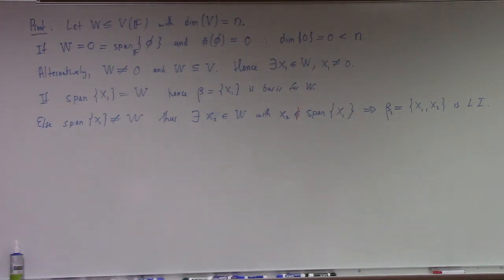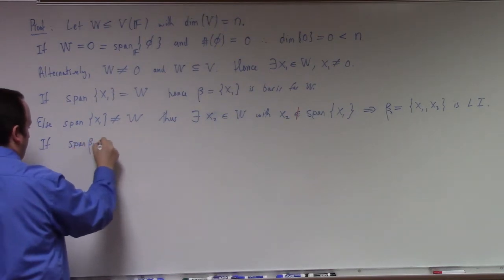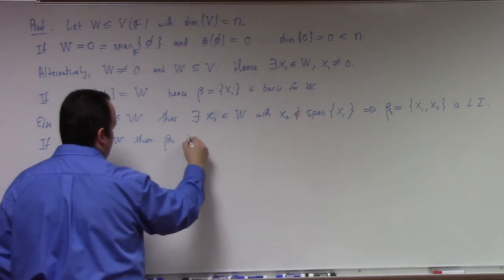Now, then what? Maybe you know what the next thing I'm going to say is. If the span of beta 2 is equal to W, then beta 2 is a basis for W, right?